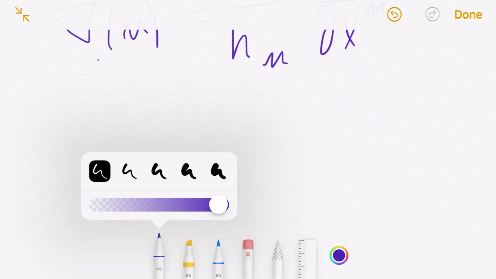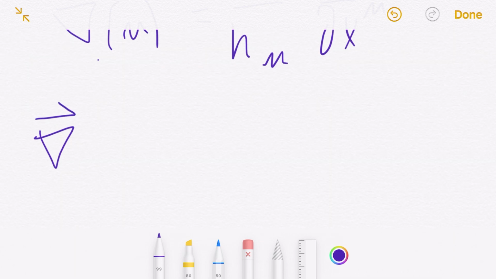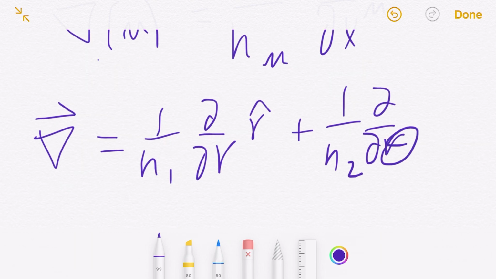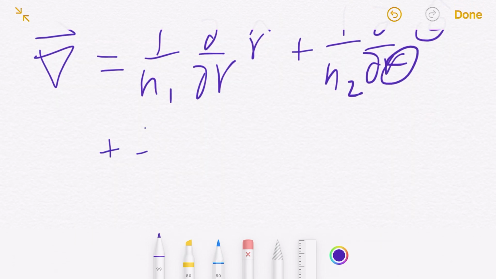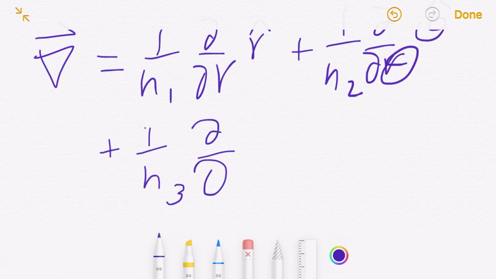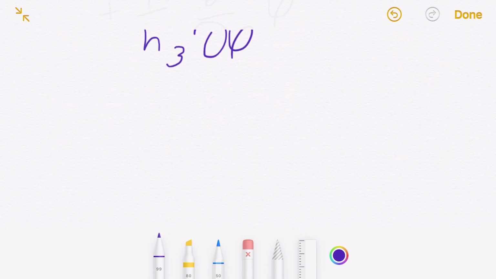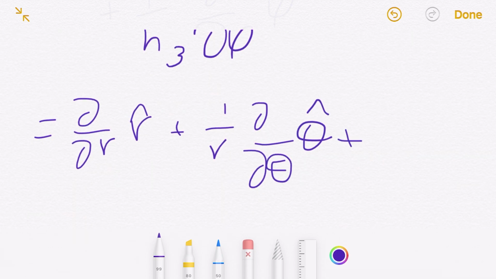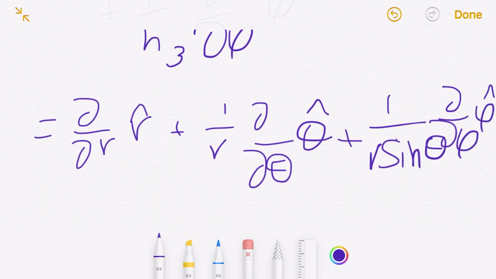So now we can write down the del operator in spherical coordinates, which is going to be 1 over h1 d over dr r hat plus 1 over h2 d over d theta theta hat plus 1 over h3 d over d phi phi hat. And from this, we get d over dr r hat plus 1 over r d over d theta theta hat plus 1 over r sine theta d over d phi phi hat.